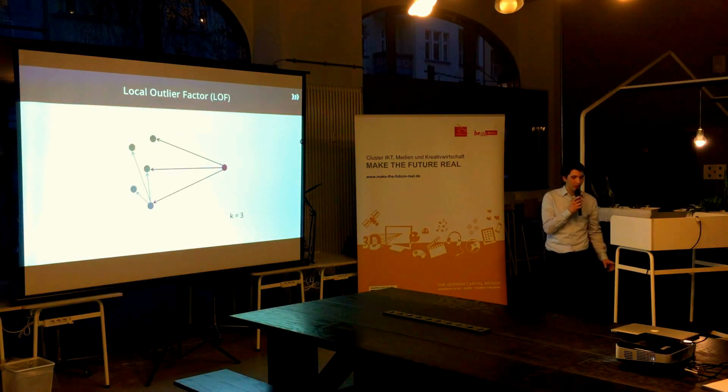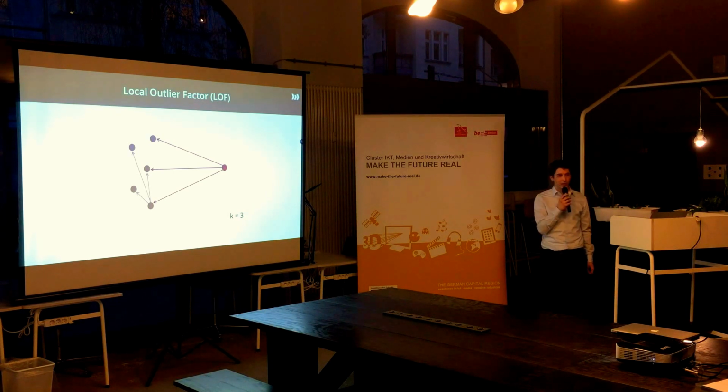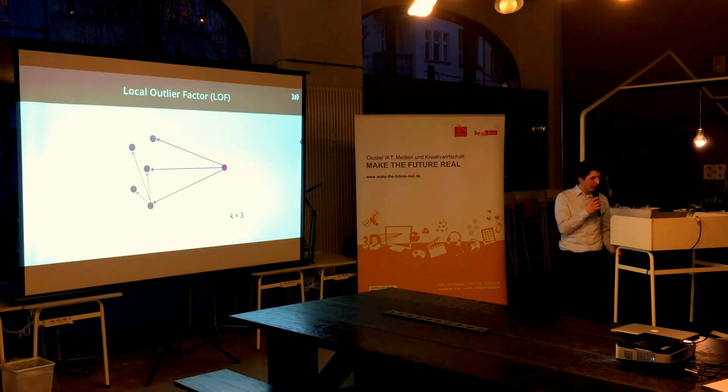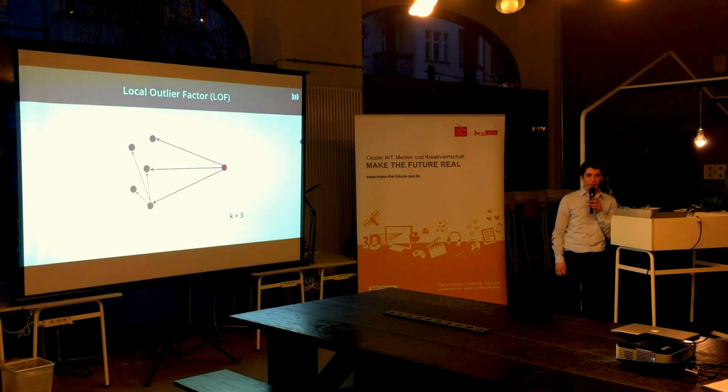So I want to introduce you to one method that can detect outliers without relying on the reported accuracy. It's called local outlier factor. The idea is to compare the density of each point with the density of its k neighbors, where k is a fixed number, in this example 3.